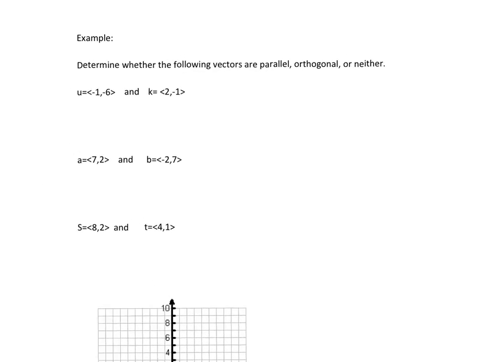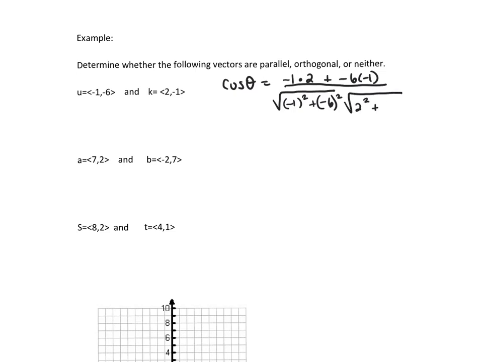So if I look at this first one, the angle between them, remember, it's the cosine of the dot product, so negative 1 times 2 plus negative 6 times negative 1, all over the individual magnitudes, which is the square root of negative 1 squared plus negative 6 squared, times the square root of 2 squared plus negative 1 squared.